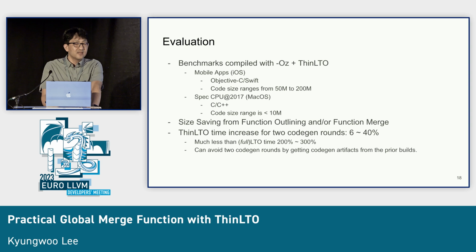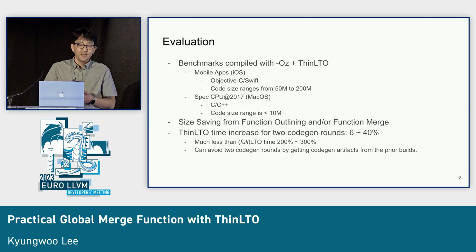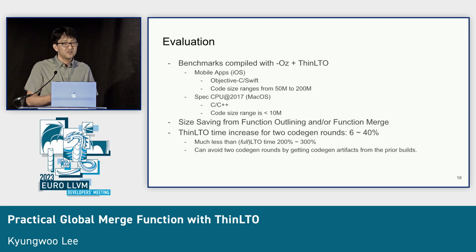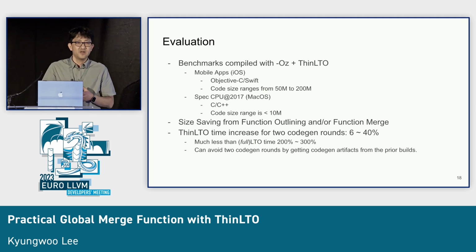We observed some build time regressions because you repeat codegen. They range from 6 to 40% regressions. But fortunately, the large regressions, like 40%, happen on small benchmarks like SPEC. Basically, the small regressions only happen on the large programs that we are aiming for.